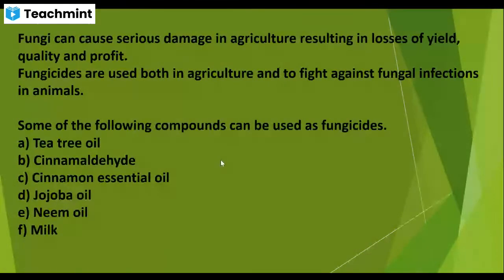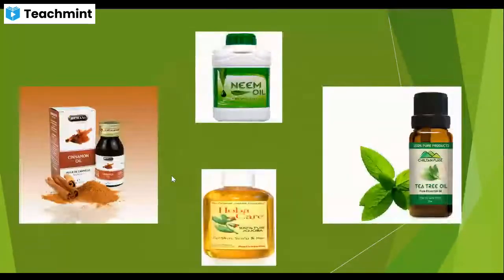Some of the following compounds can be used as a fungicide. Here some compounds are given, they are used as fungicides. Tea tree oil, then cinnamaldehyde, then cinnamon essential oil, then jojoba oil, then neem oil, then rosemary oil is also there, then milk. These are the fungicides.